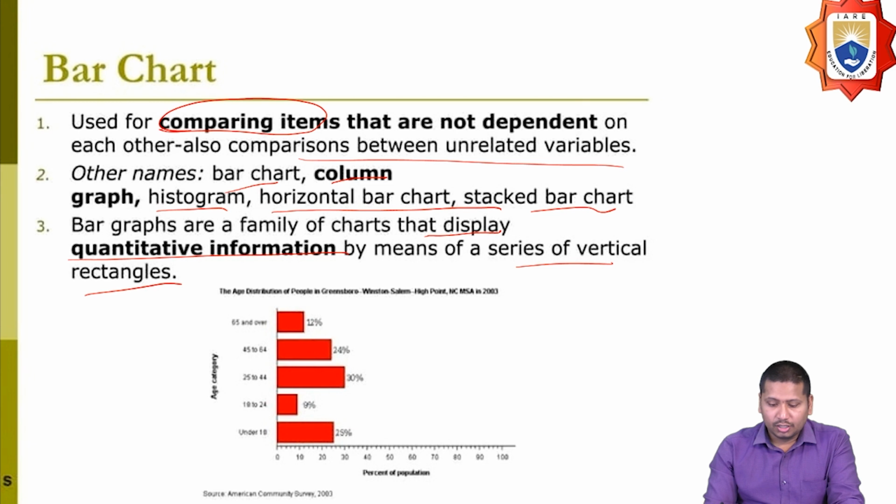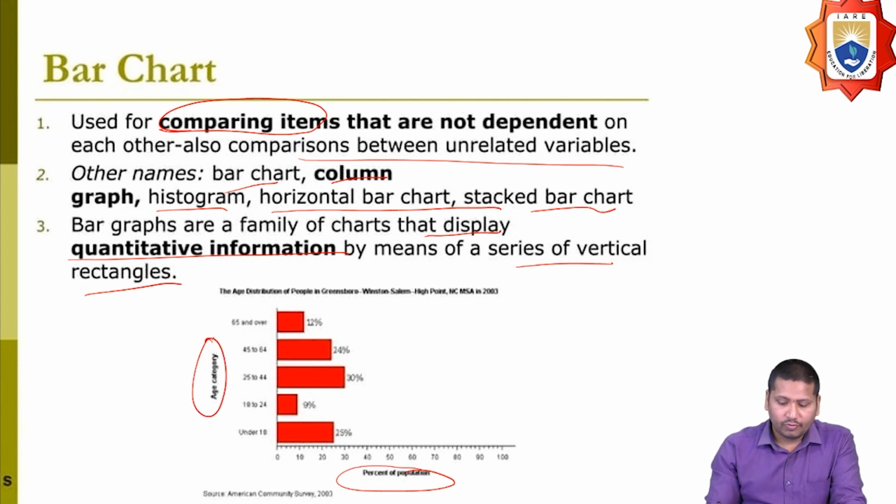Here, normally we are going to see different types of bar charts. Here, on the x-axis I represent the percentage of population, and on the y-axis I have the age category.